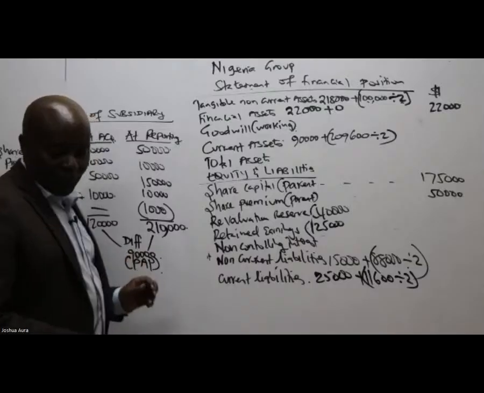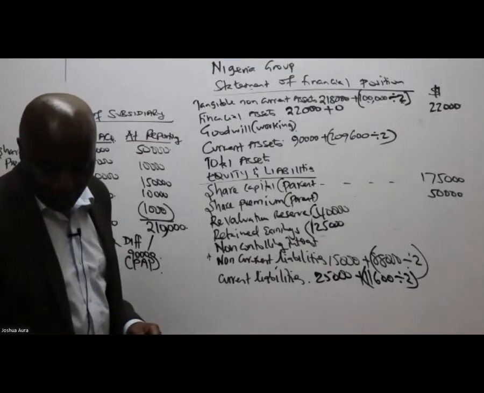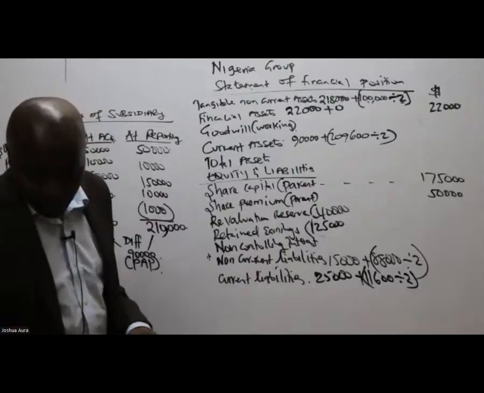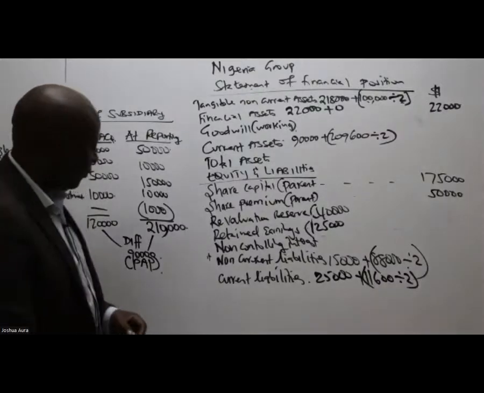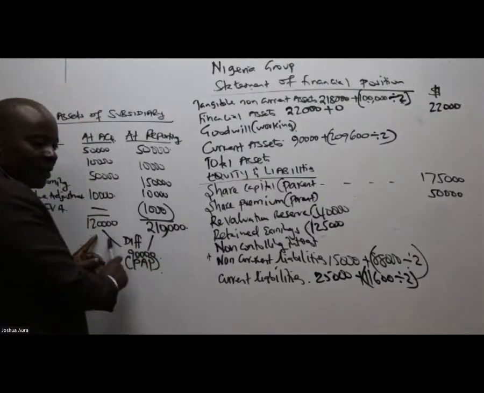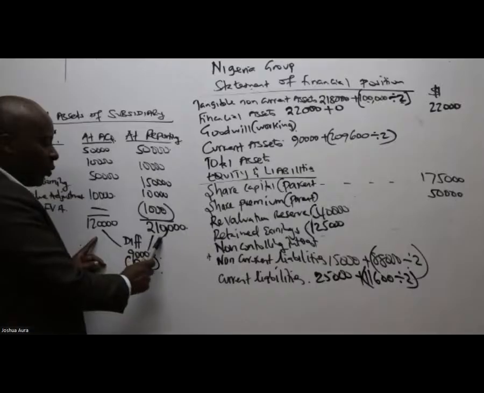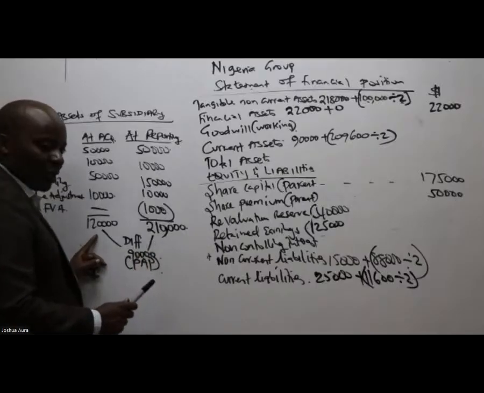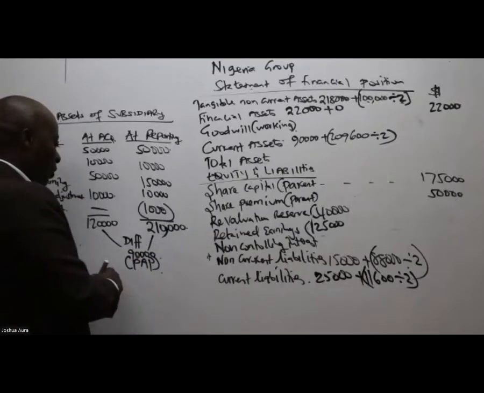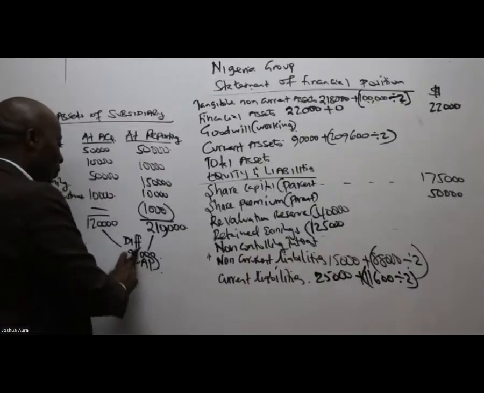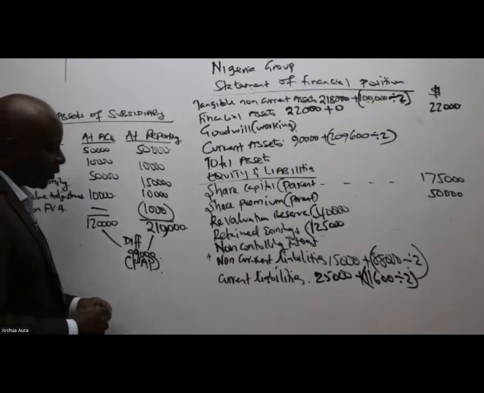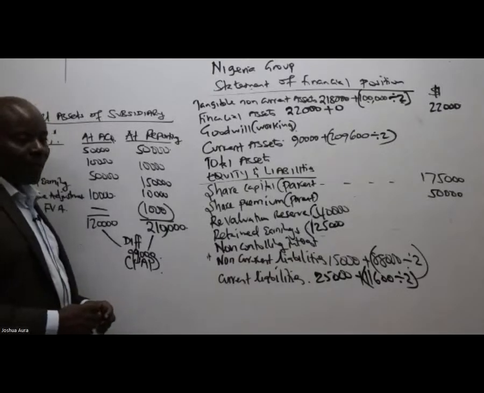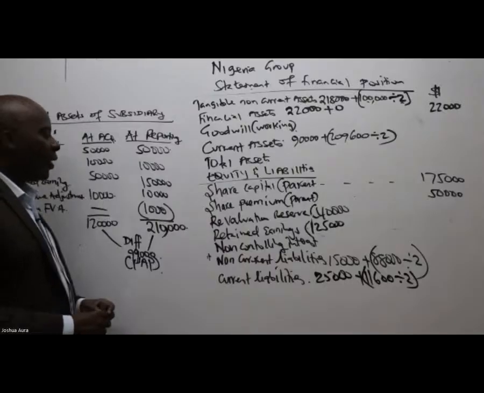So meaning at the end of the day the difference should be equal to the difference between this and this, 219,000 minus 120,000, 99,000, isn't it? So this should be 99,000. I really love this.